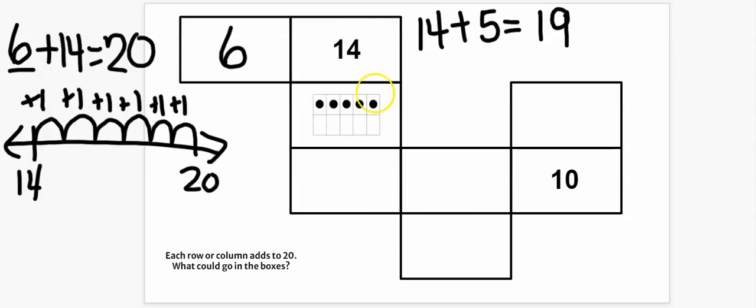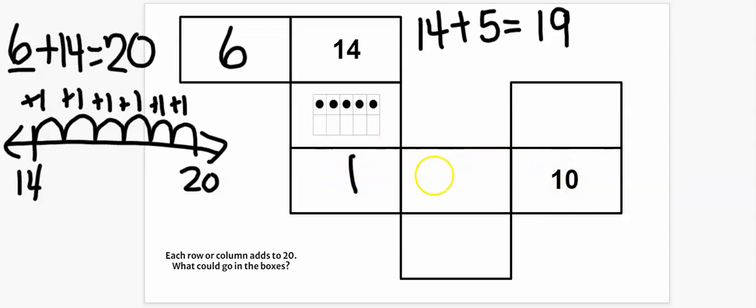So what number would go in this box? Well, this whole column here has to add up to 20. So I know I already have 19. So I just need 1 more. Very good. Do you think we can find this box? So I know this whole row has to be 20.